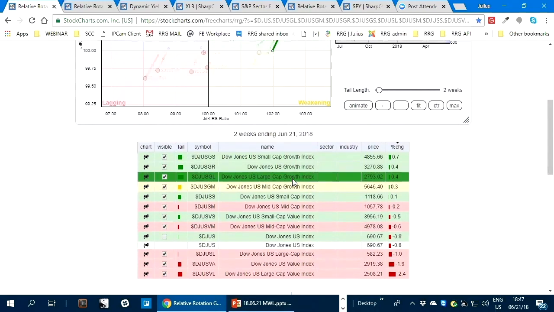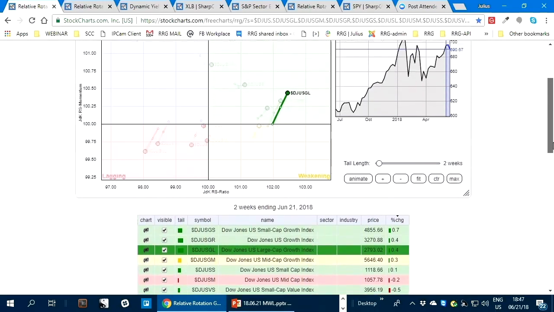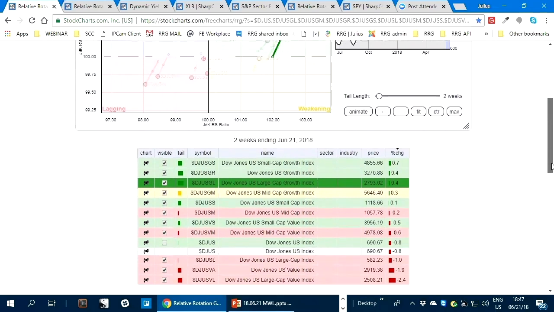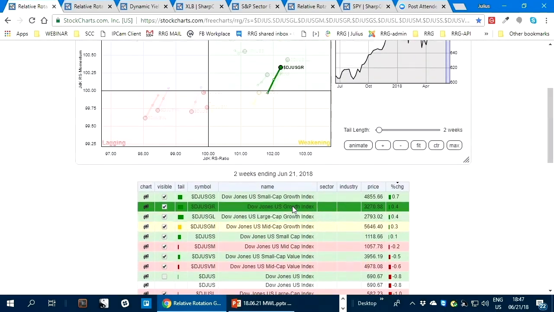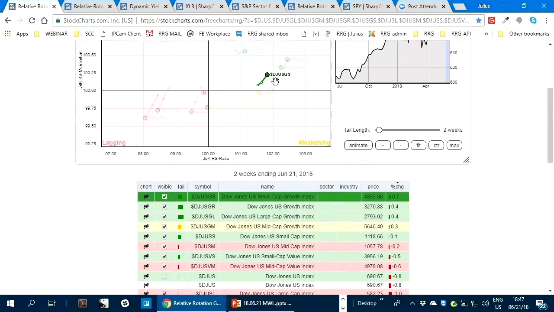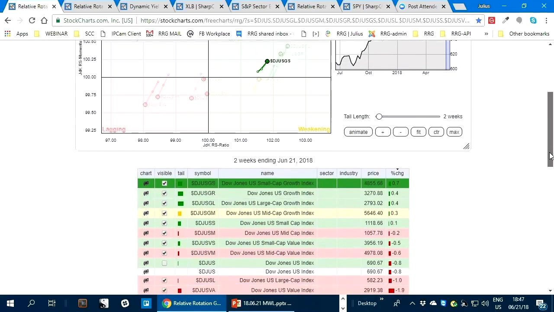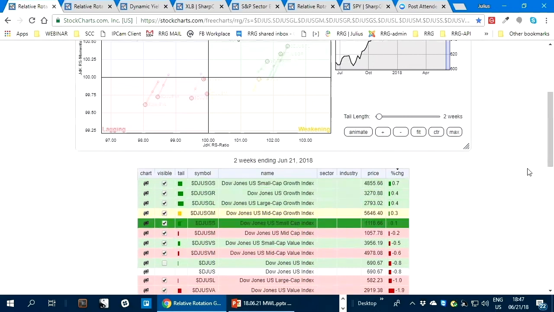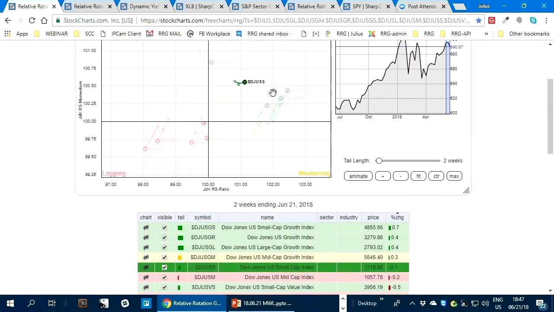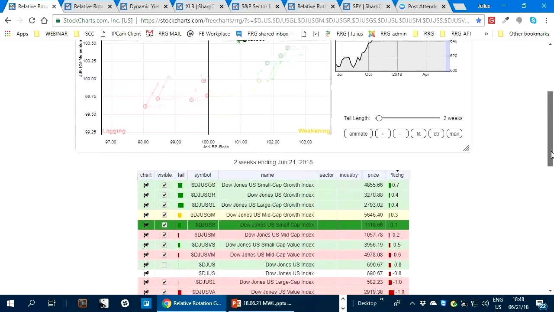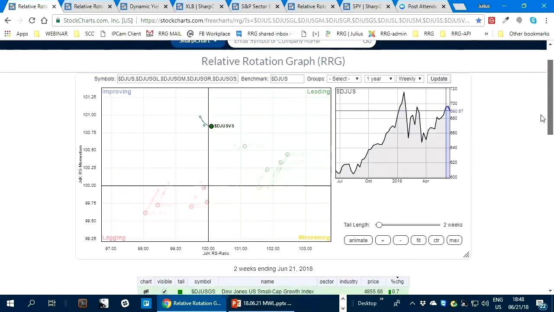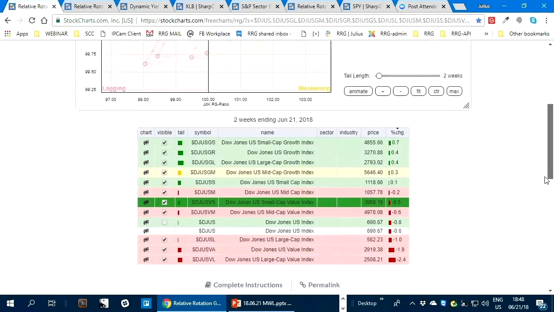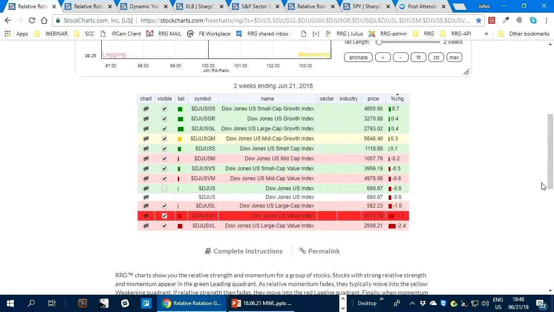So in large cap, you're still in large cap growth stocks. That's super strong. And then you've got small cap growth following suit. And small cap, that's the whole small cap, so this is growth and value together. Now let's see where value is. Small cap value. Okay-ish, not fantastic. And in the lagging quadrant, we've got value.